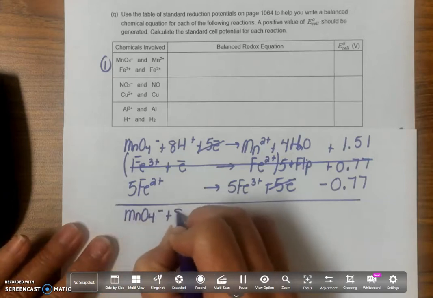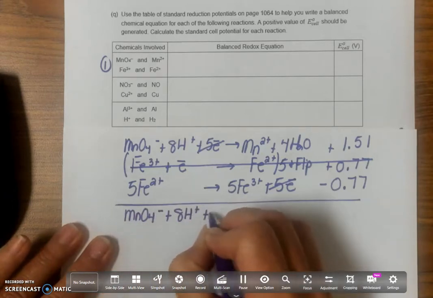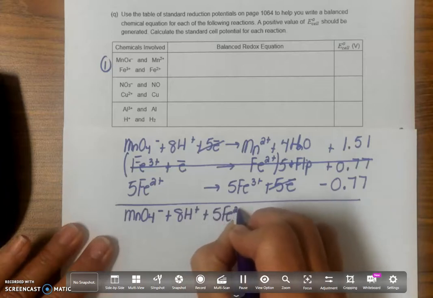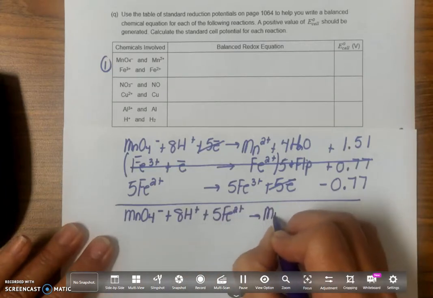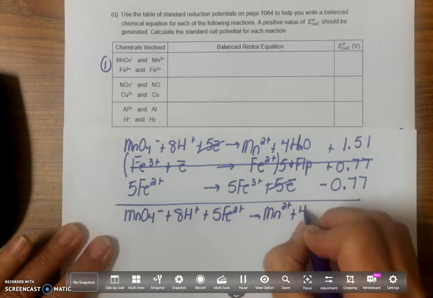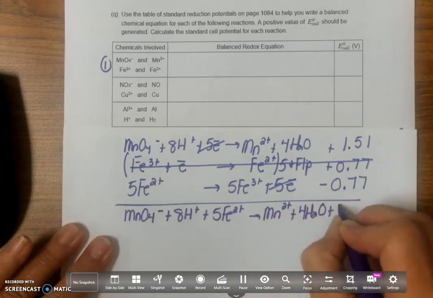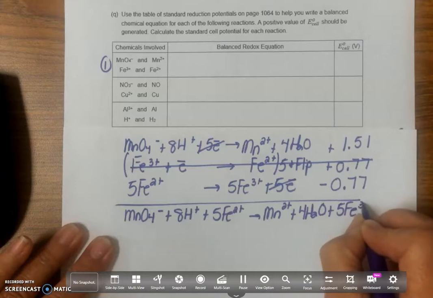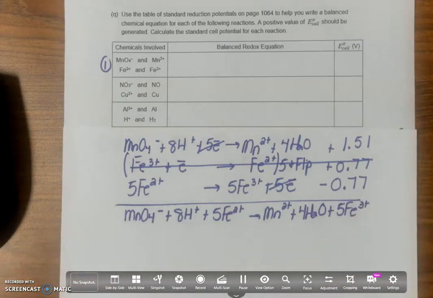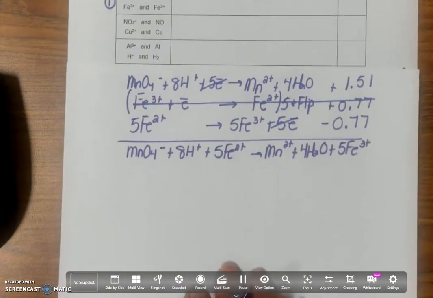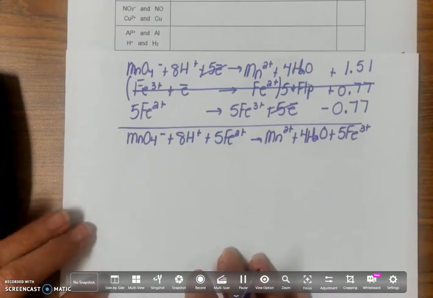MnO4 minus plus 8H plus 5 Fe2 plus goes to Mn2 plus 4 waters plus 5 Fe3 plus. Okay, not too bad. Let's do the next one.